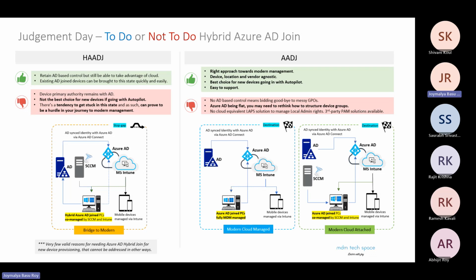And Microsoft is the same company that is asking you to transition from the legacy system to the modern system. While doing that, Microsoft knows that because you are their customer, you already have a legacy environment. So how you should move to the modern environment is that you should adopt the modern environment for all new devices coming into the environment.